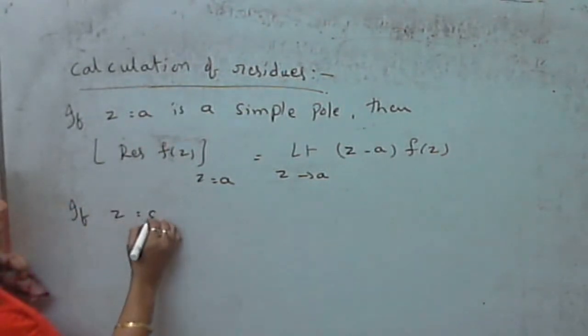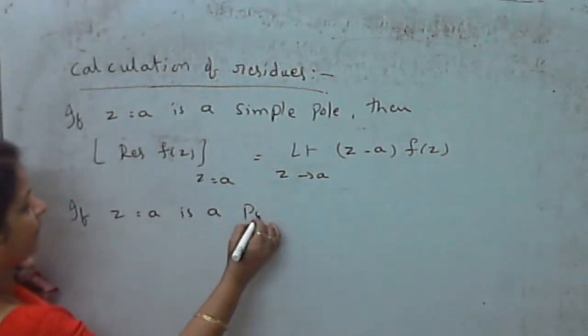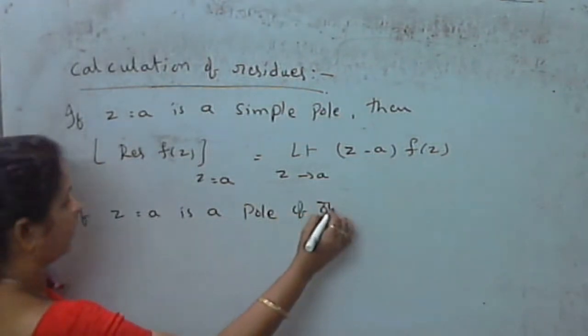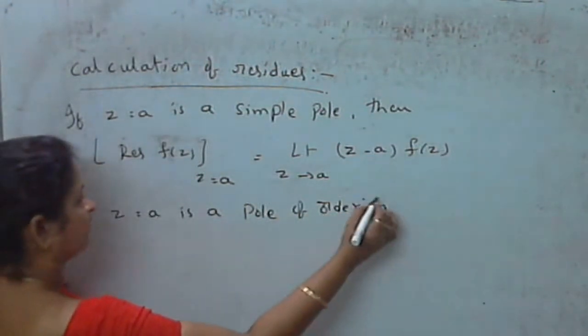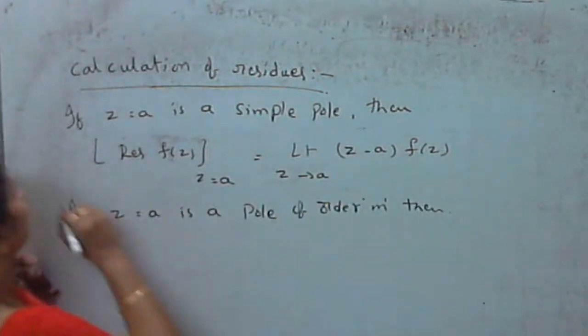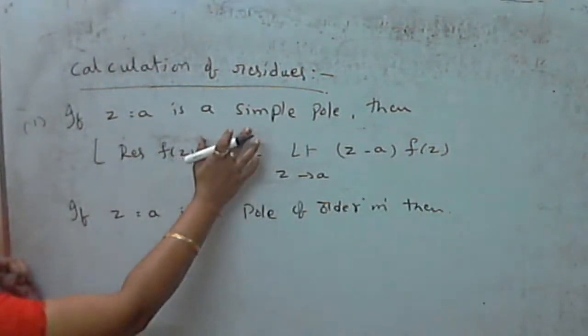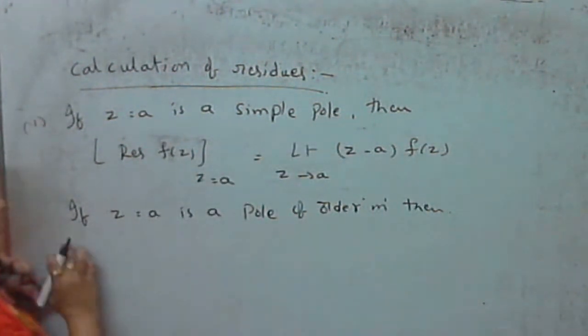If z equals a is a pole of order m, then, if z equals a is a pole one time, it is a simple pole.